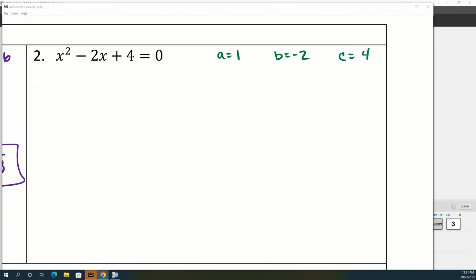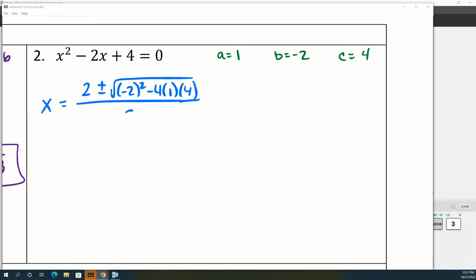Okay. All right, so let's put it in the quadratic formula. x equals the opposite of b plus or minus the square root of b squared minus 4ac, divided by 2a.